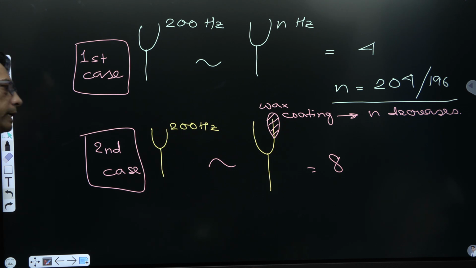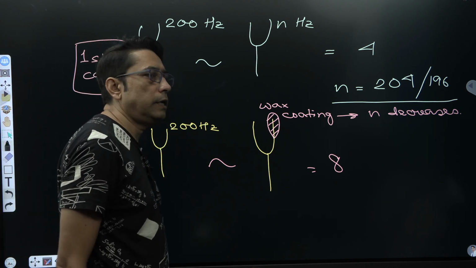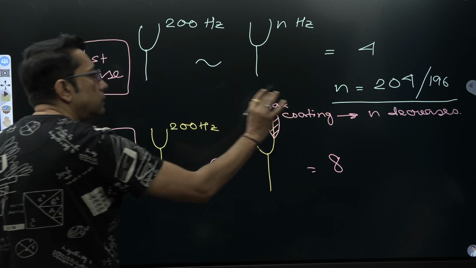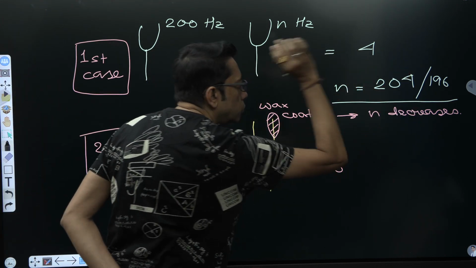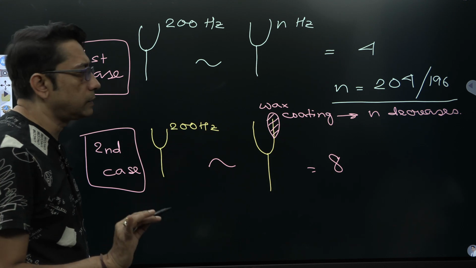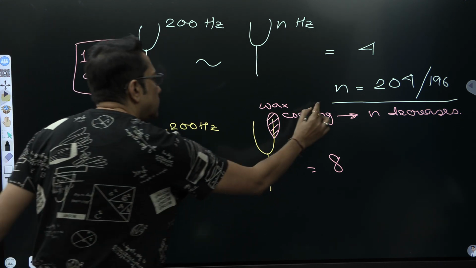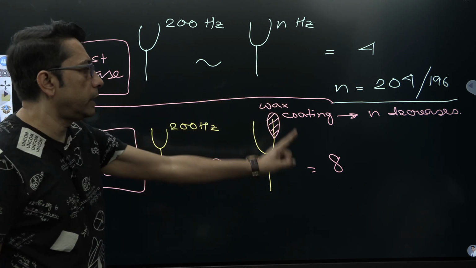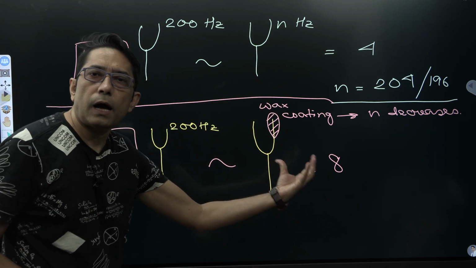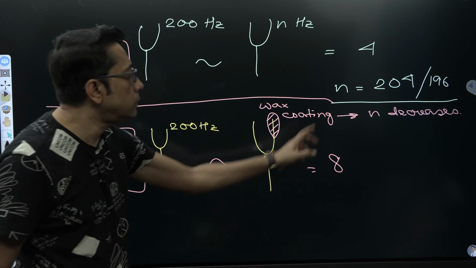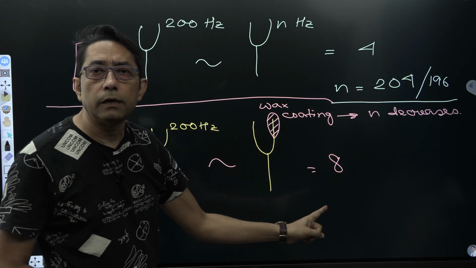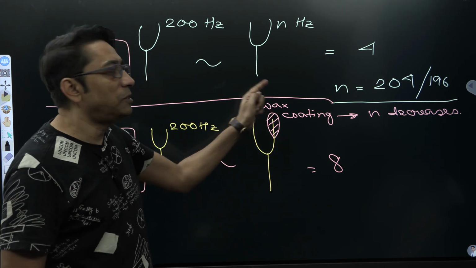So in the second case, the number of beats has changed. Now, from the first experiment, the answer that we will receive या तो 204 नहीं तो 196. That's it. Second experiment only gives us an idea which is correct. This 8 number has nothing to do with the value of the answer. कुछ नहीं है. 8 number हम लोगों को ये बताएगा कि right decision कौन सा है.